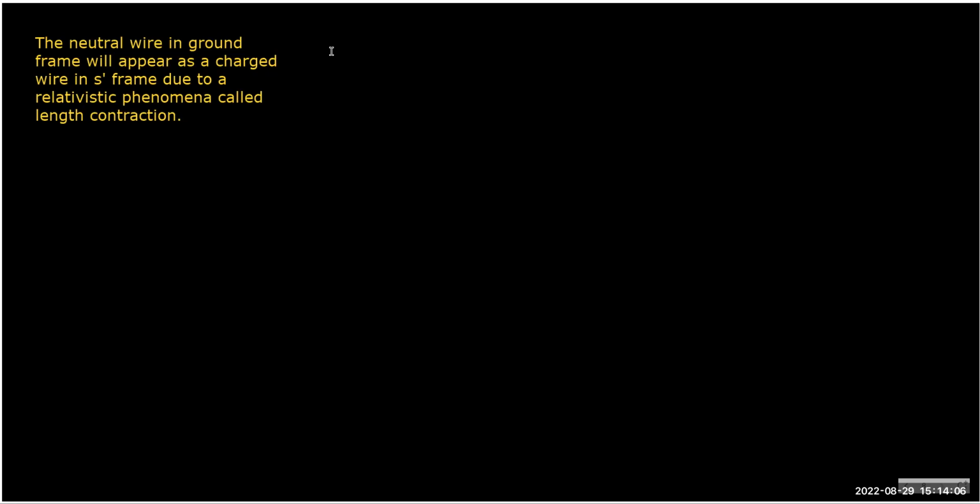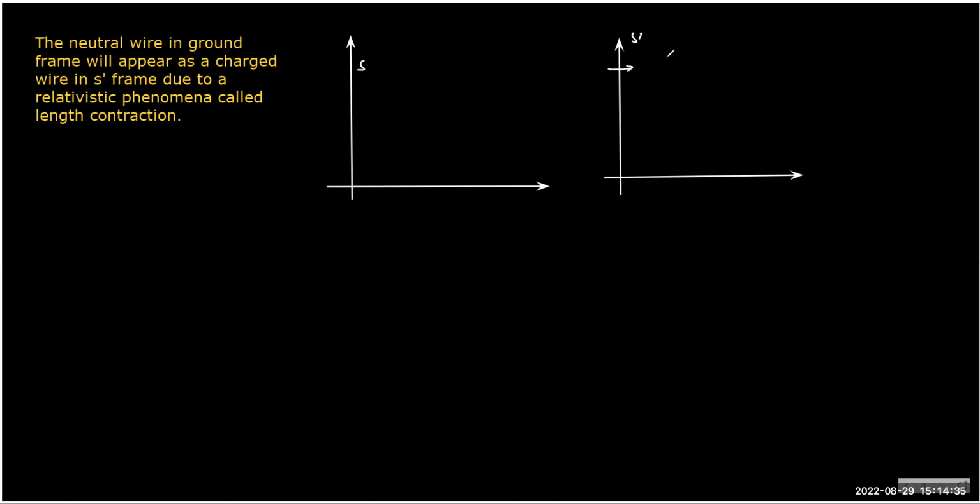Okay. So there is something called length contraction. And what is length contraction? So if we have a rod, let's say we have a frame S and we have frame S dash again. And this is moving with velocity V along the x-axis, let's say. And you have a rod kept like this.